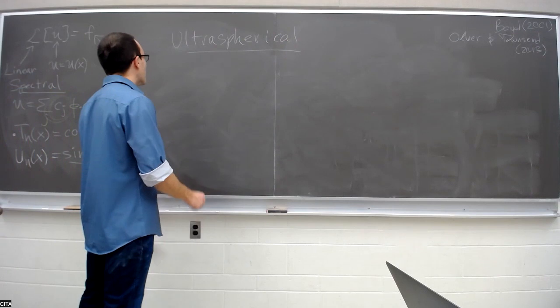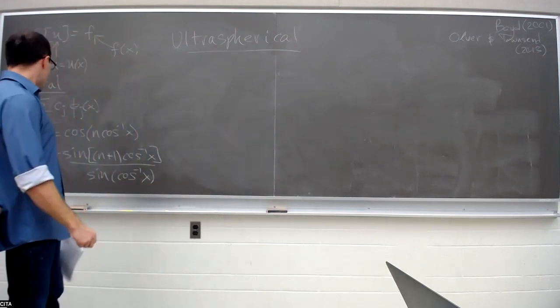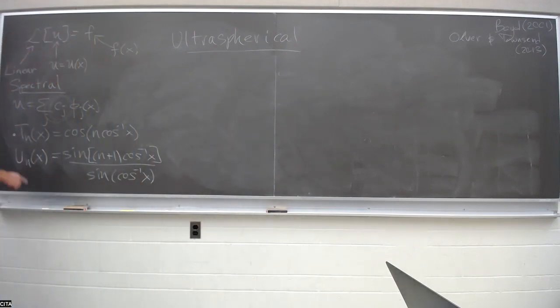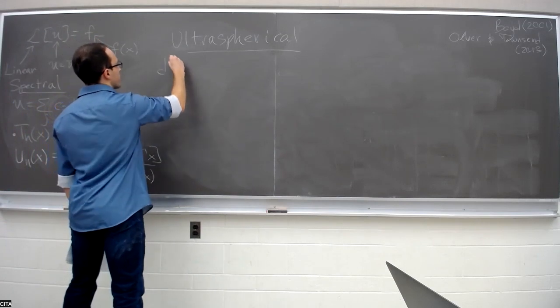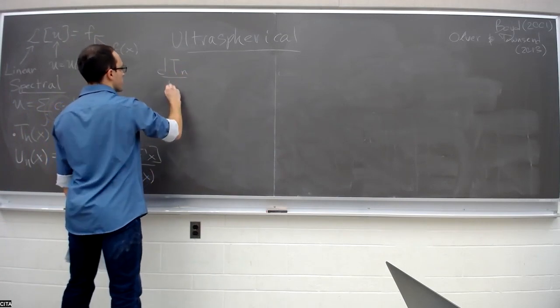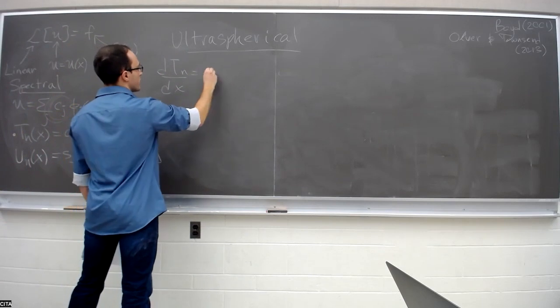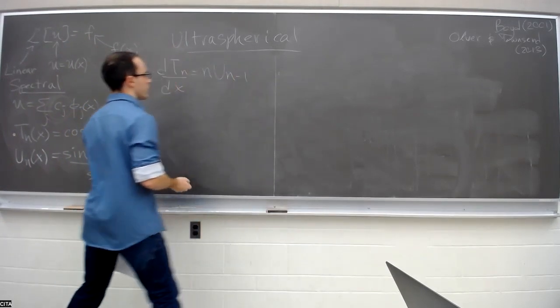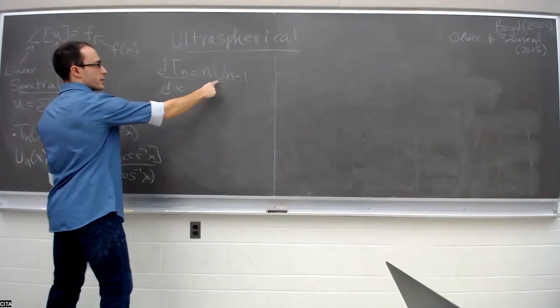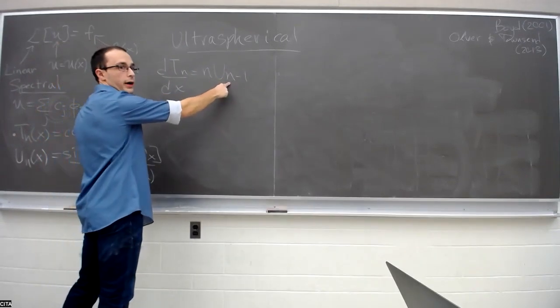We'll get there. So this basically stems from relationships between the Chebyshev polynomials of the first and second kind, and then as I'll get to later, the ultraspherical or Gegenbauer polynomials. The main thing to note here is that the derivative of the Chebyshev polynomial of the first kind is directly related to a Chebyshev polynomial of the second kind with the degree differing by 1.